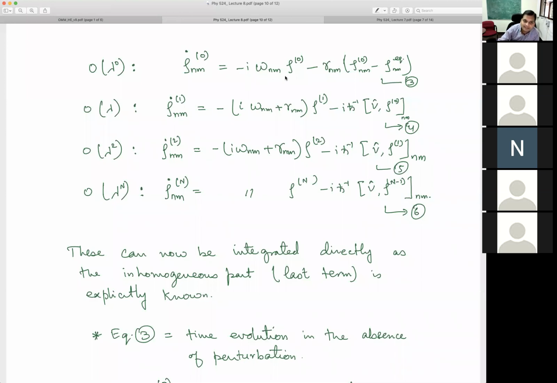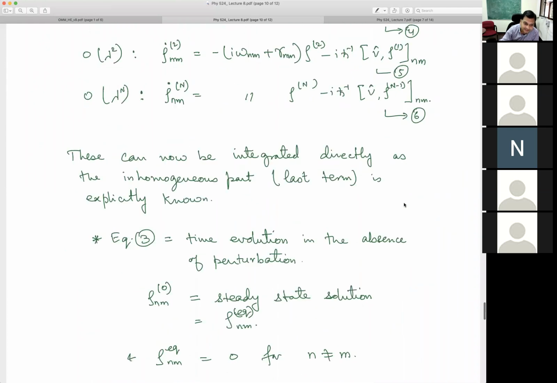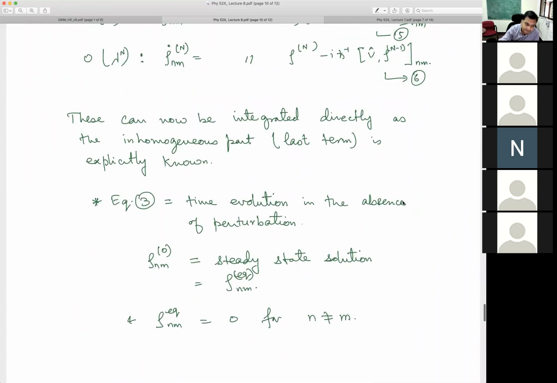Okay. And then below we will solve this equation 3 also explicitly. But before that, let's see how I solve equation 4, or a general equation like this basically. Okay. So rho nm 0, we will explicitly show this, will turn out to be the steady state solution or rho nm equilibrium. Okay.